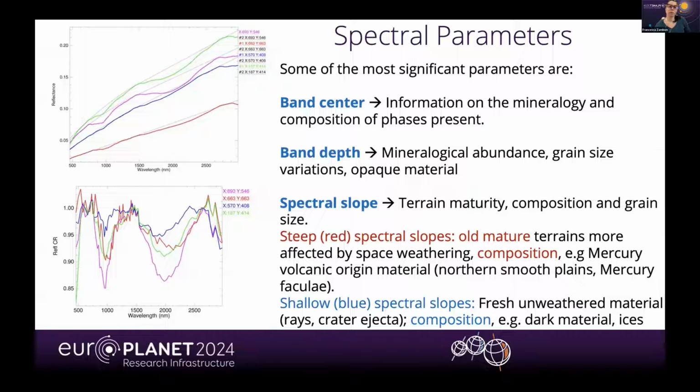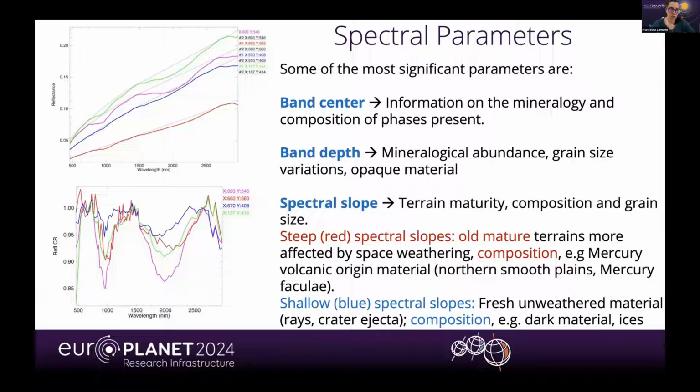The main spectral parameters that in general we use to define the mineralogy and the spectral properties of a surface are mainly these three. So, the band centers. Band centers are important because this parameter gives you information on the composition and on the mineralogical phases present.